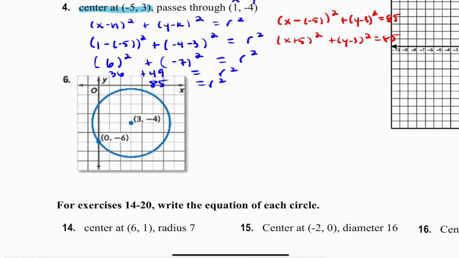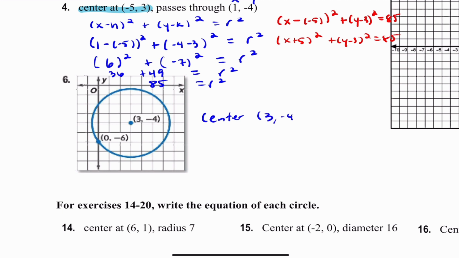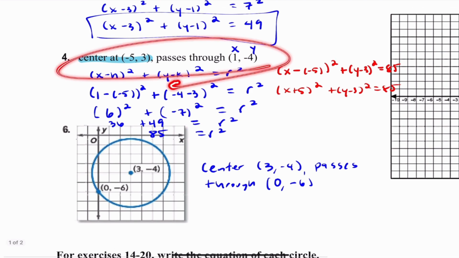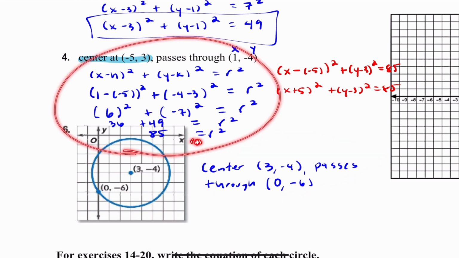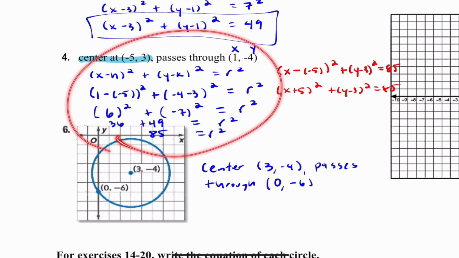What this is trying to say is you have the center at (3, -4) that passes through (0, -6). So this is basically this example but in picture form. So you're going to use this hint that I'm going to give you and perform something similar to what I have for number 4.